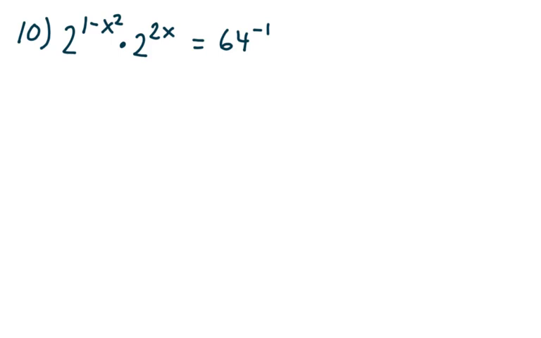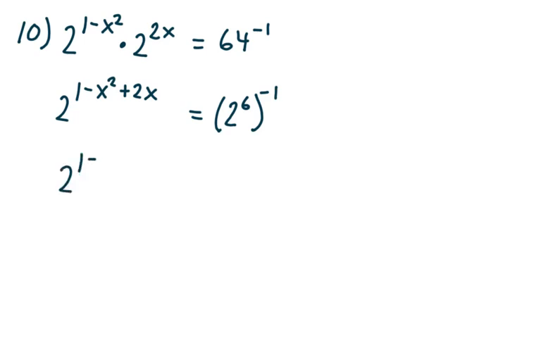Rewrite both sides so that they have the same base. So 2 to the 1 minus x squared plus 2x, right? That's the left side. 64 is 2 to the 6th. So I'm going to take 2 to the 6th raised to the negative 1. So 2 to the 1 minus x squared plus 2x is equal to 2 raised to the negative 6.